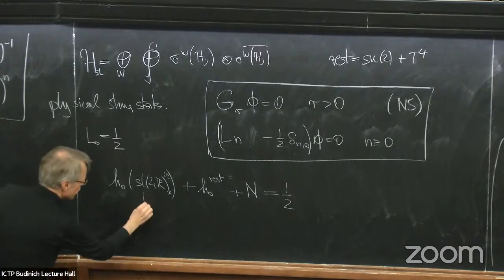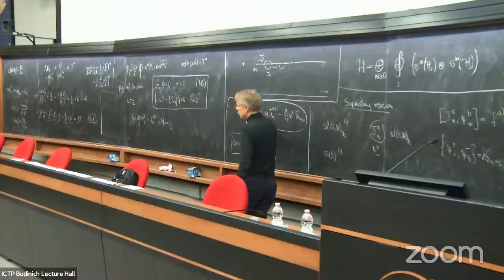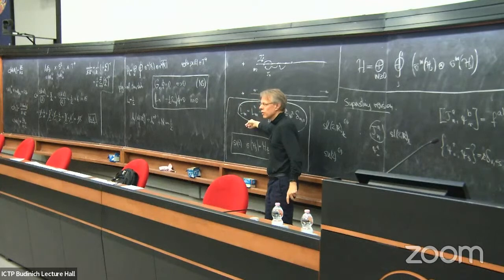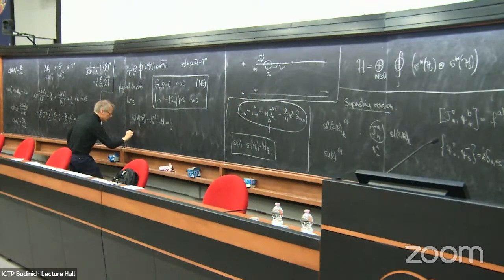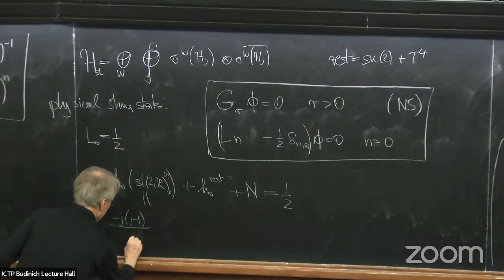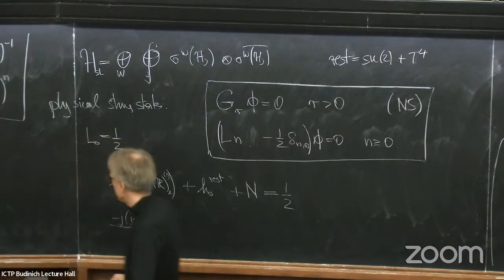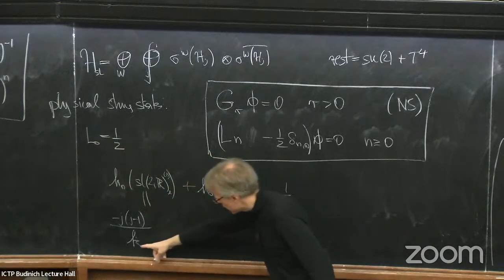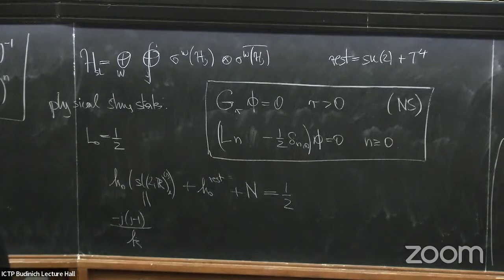For this factor, I now have to use the fact that this is spectrally flowed. So this will be the ground state energy before spectral flow, and the ground state energy before spectral flow is the Casimir. So this will be minus J times (J minus 1) divided by K, because in the SUSY theory I get this shift. The Sugawara construction will have a level K down here for the same reason that we discussed before.